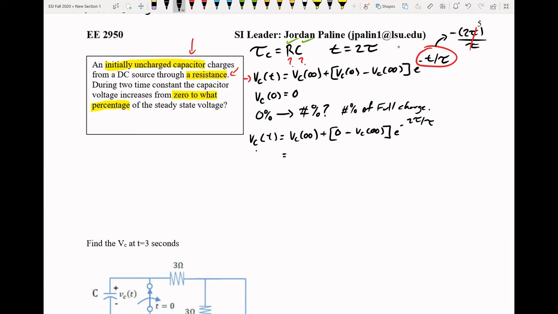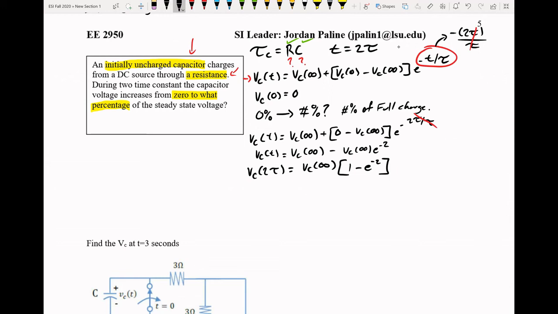This will simplify down to V of C is equal to V of C infinity minus V of C infinity e to the minus 2. Remember to cancel those out. So now we're left with effectively this: V of C at 2 tau is equal to V of C at infinity times 1 minus e to the minus 2.